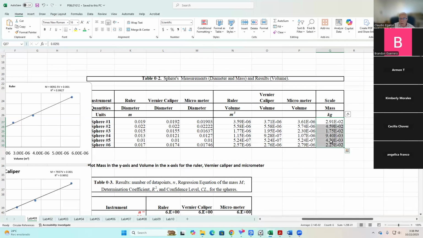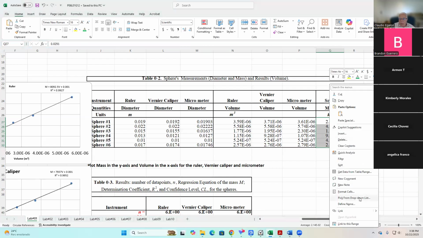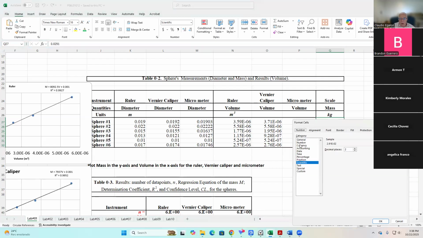It's difficult to see. I don't think you have the right number of significant digits here. Let's put that here. Format cell number, 5 decimal places.